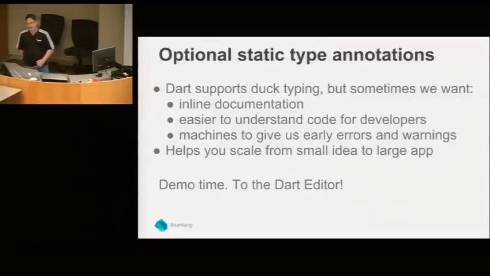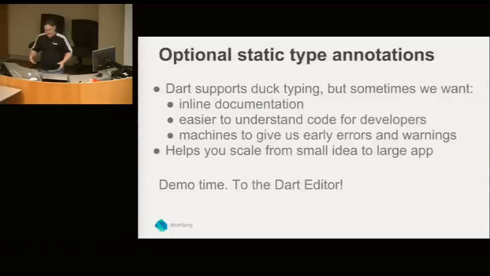So I like to say that Dart is a more scalable language in that it scales with the size of your team. You could code at a low level where you couldn't do that in Java, because in Java you have to write the type annotations, but here you could code at a more scalable level for more engineers by adding type annotations. We support duck typing, like all the scripting languages, but sometimes you want inline documentation.